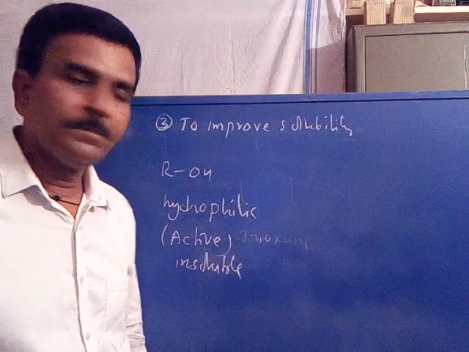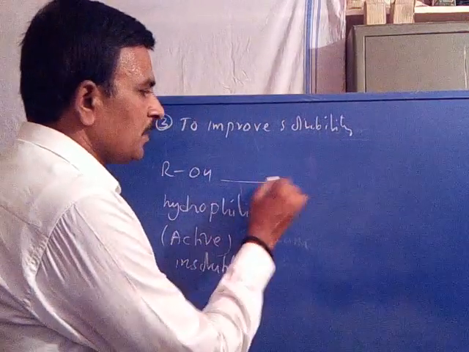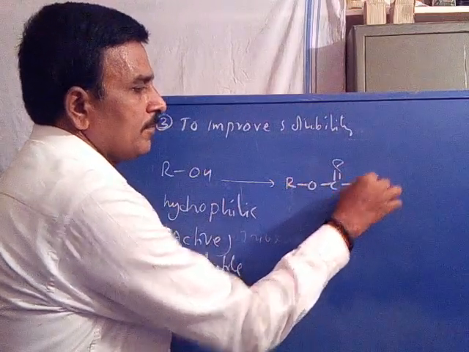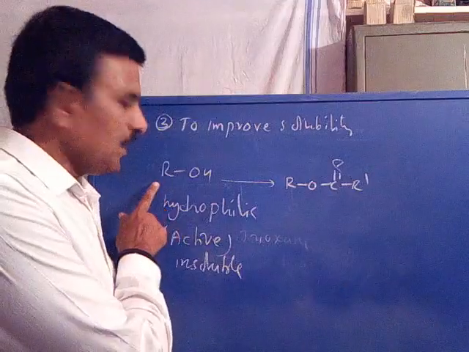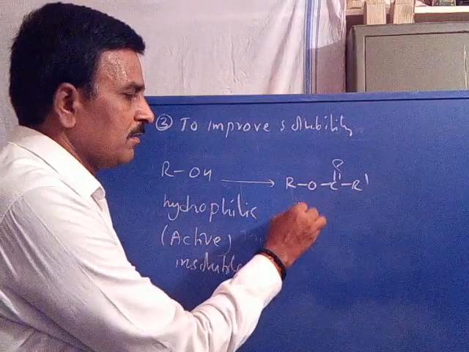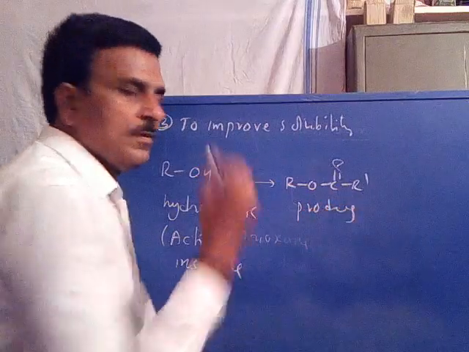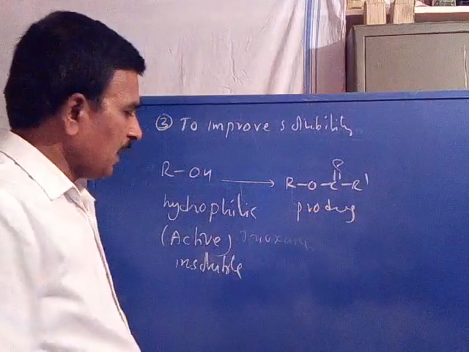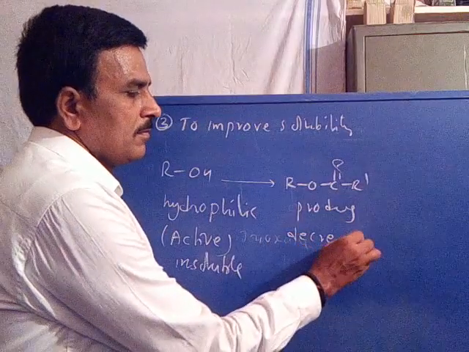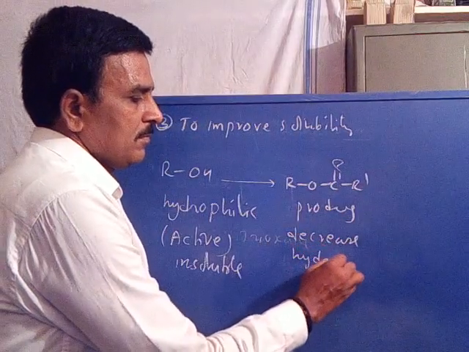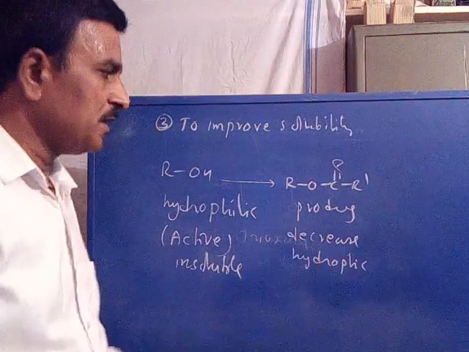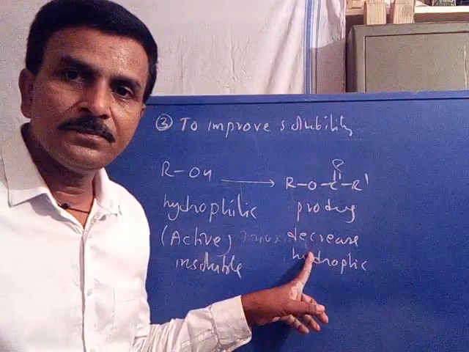When we transform the hydrophilic drug into its ester, it is a prodrug. Hydrophilicity decreases. The ester's hydrophilicity is less.